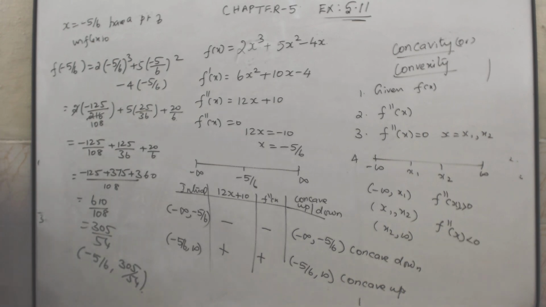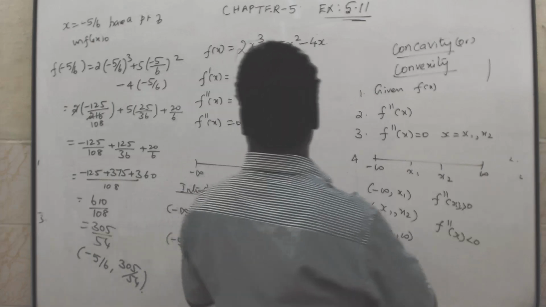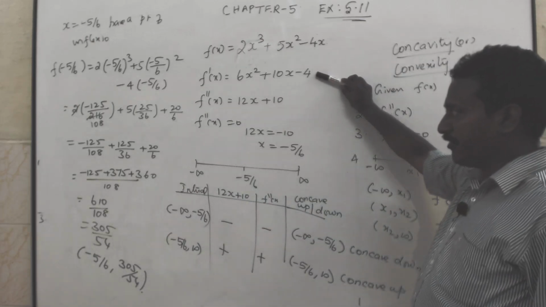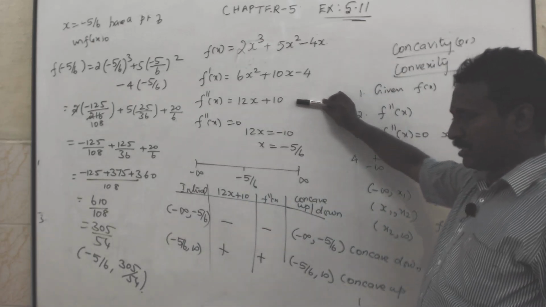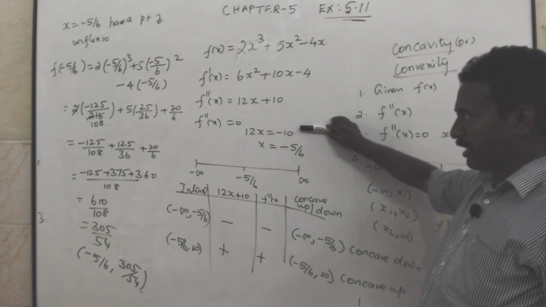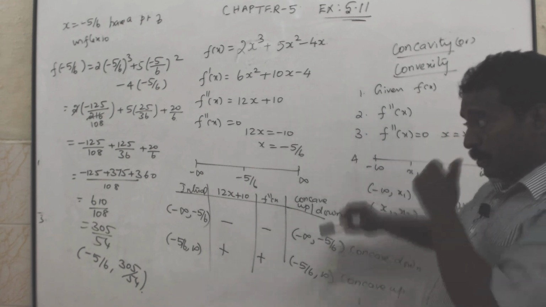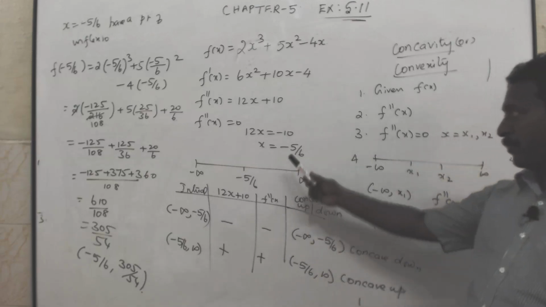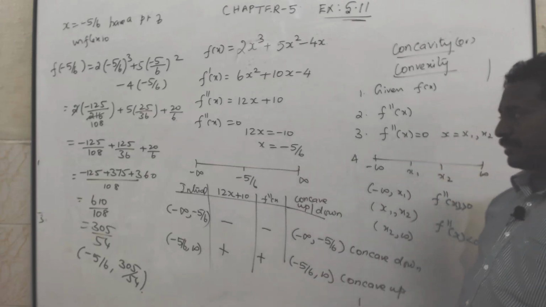Once again, listen. Given f of x, f dash of x, f double dash of x. f double dash of x equal to 0, 12x equal to minus 10, x is equal to minus 5 by 6.